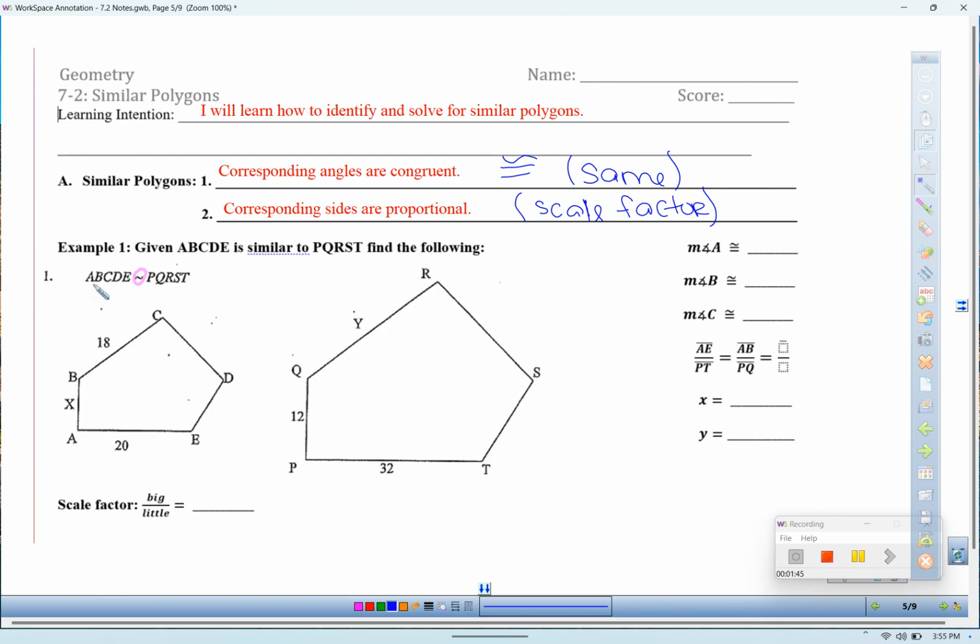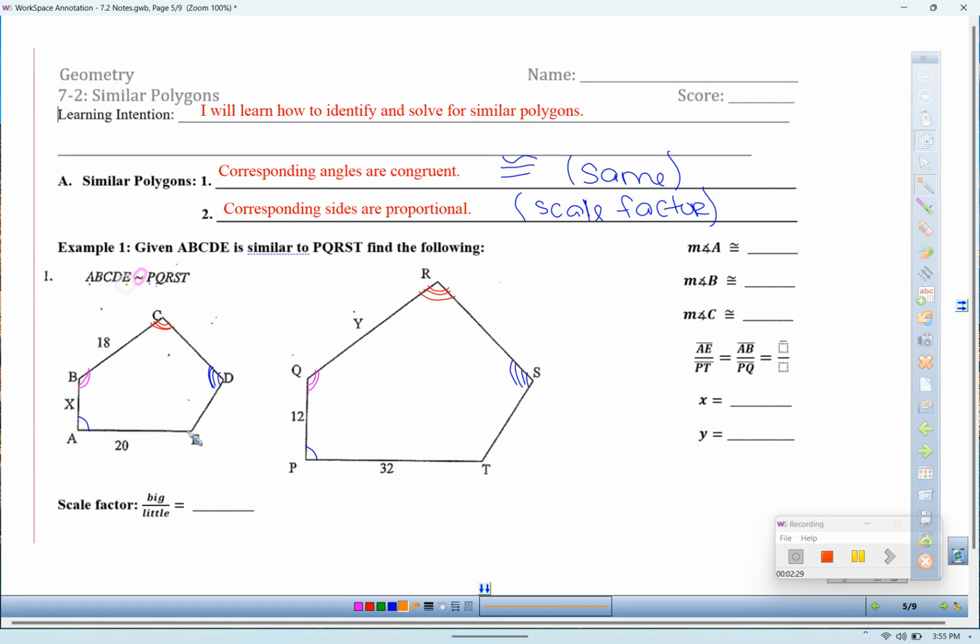So looking at this, we know that A is in the same position as P. I'll give that one arc mark. We know that B is in the same position as Q. My C, I'm going to do 3 arc marks, is in the same position as R. And my D right here is in the same position as S. 1, 2, 3, 4 arc marks.